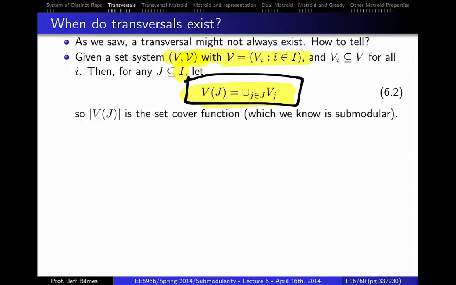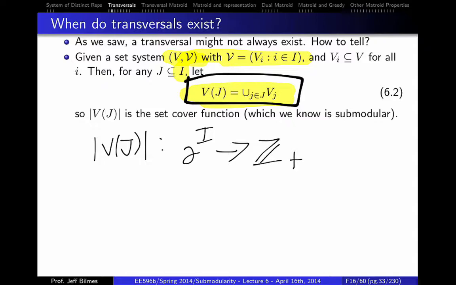Everybody see that? And in fact, we saw that this is a submodular function. If we take the cardinality of v of J, we know this is a submodular function, seen as a function from 2 to the I to the non-negative integers. And that's submodular, which we saw before.